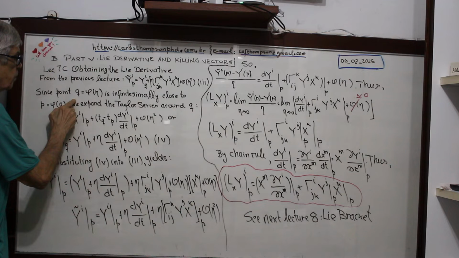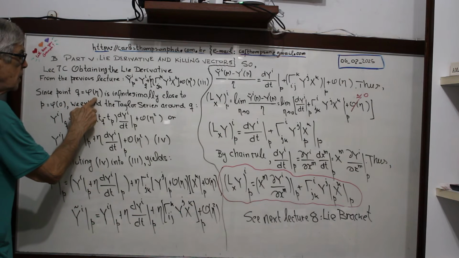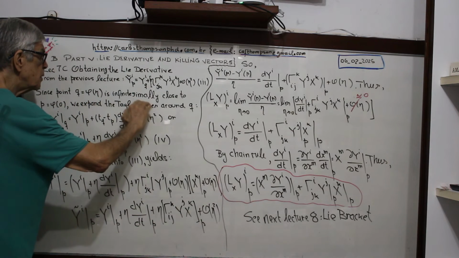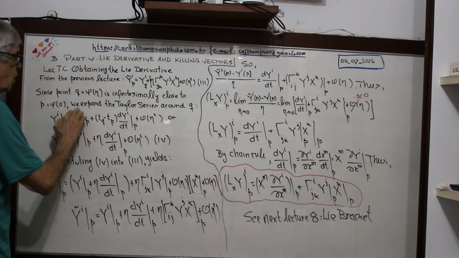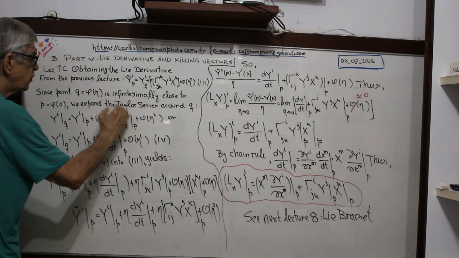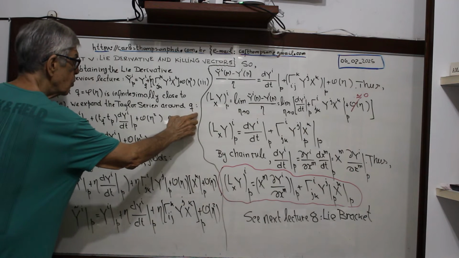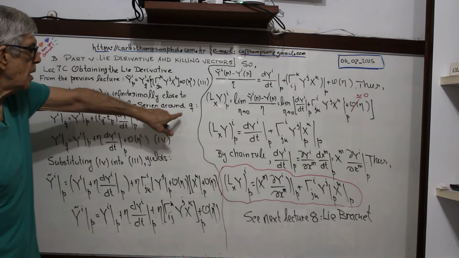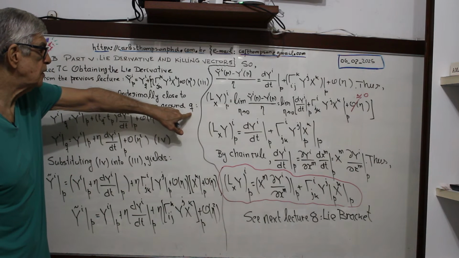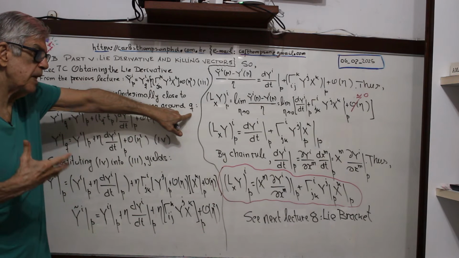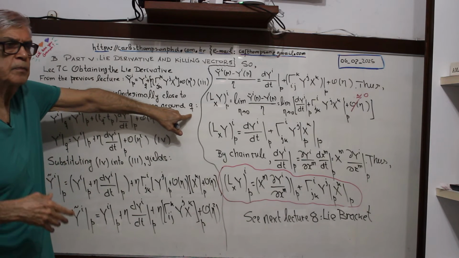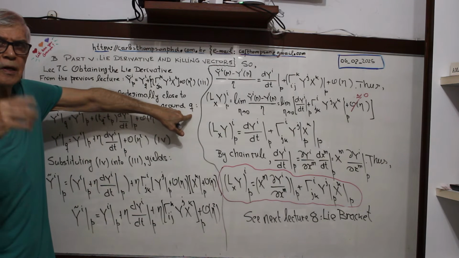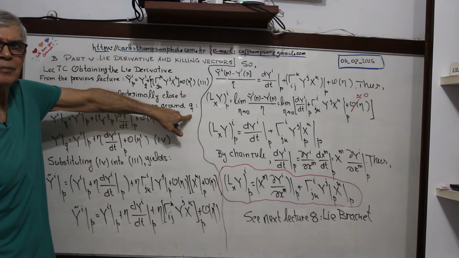Since point q, which is phi of eta, is infinitesimally close to p at phi of 0, we can expand in Taylor series around p. Attention now: the x naught, as I compared, is p, not q.